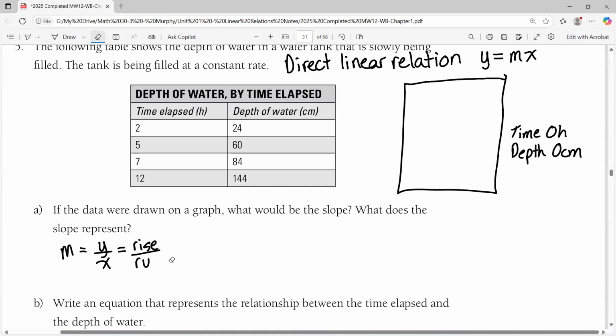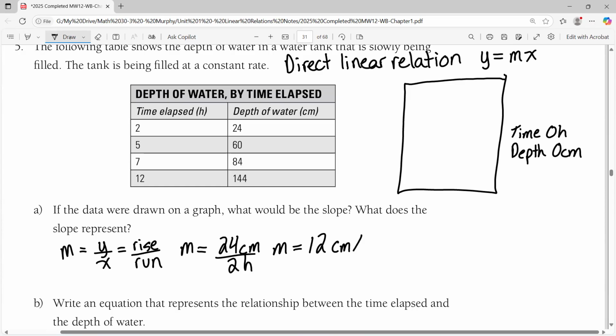So m equals 24 centimeters divided by 2 hours. And our slope comes out to 12 centimeters per hour. And if you're confused how I got this unit, it's centimeters, there's the slash, the divide line, we just turn it on its side: per hour.